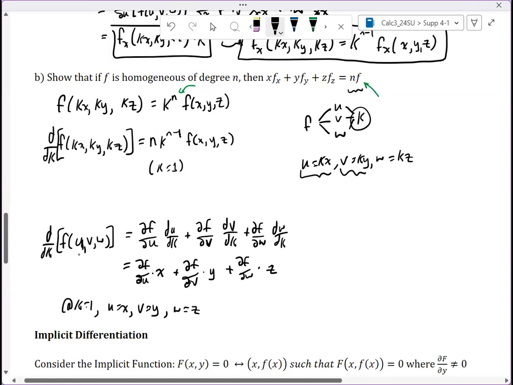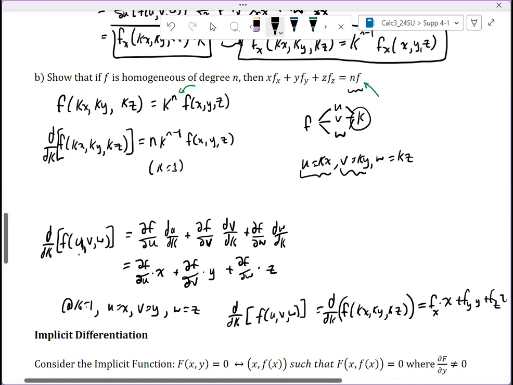So at k equals 1, I have d/dk of f(u, v, w), in other words, d/dk of f(kx, ky, kz) equals df/dx times x plus df/dy times y plus df/dz times z.